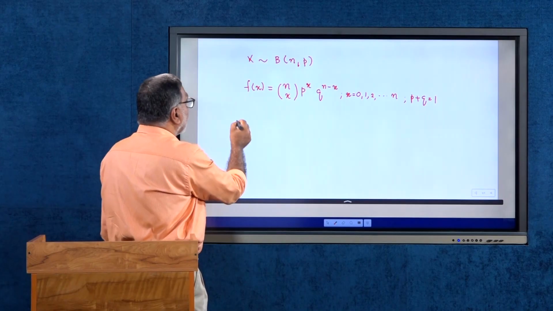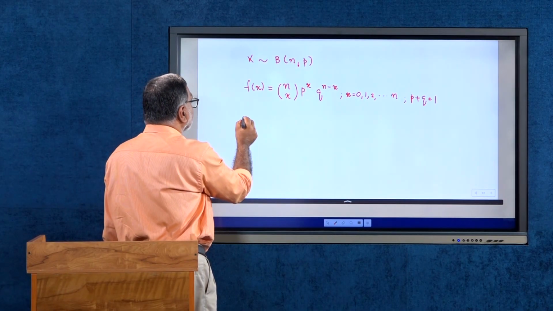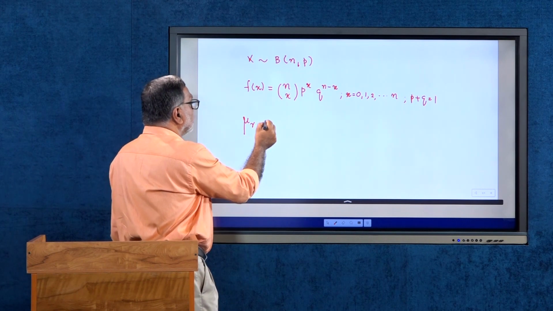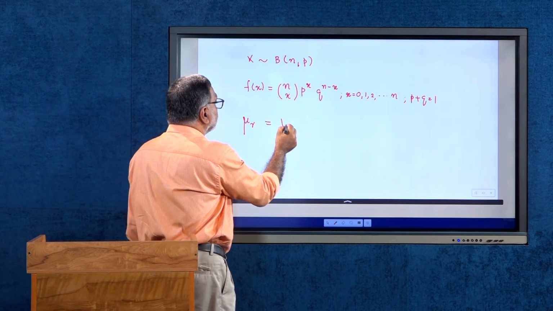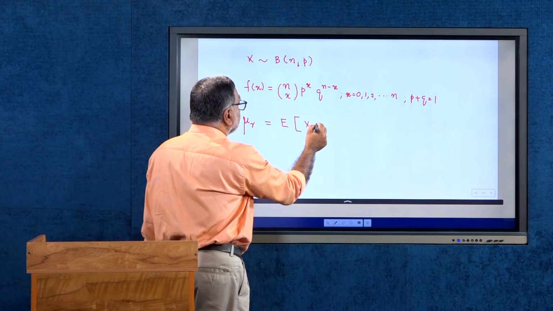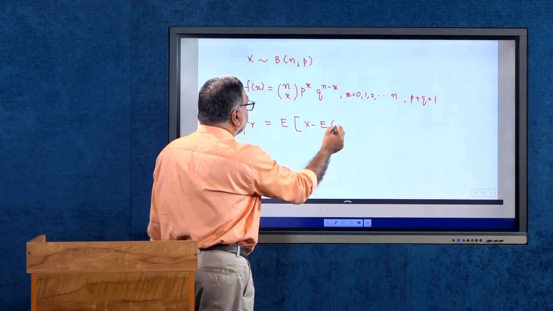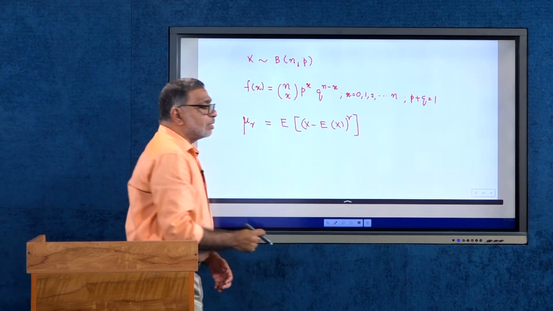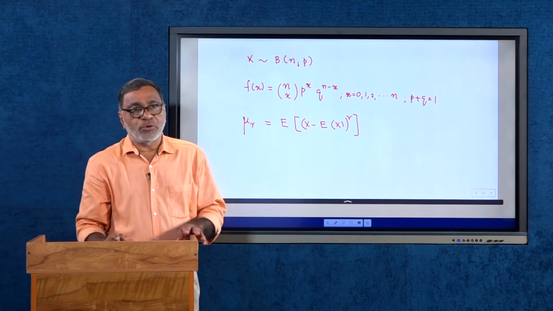And the rth central moment mu r is equal to the expectation of X minus expectation of X all power r. This is the definition of the rth central moment.